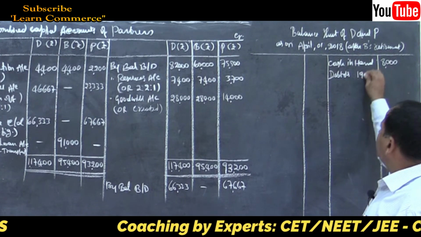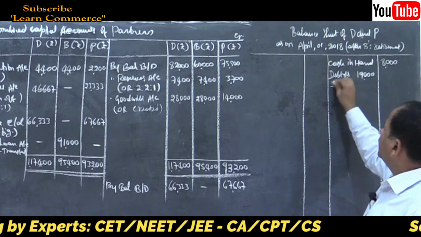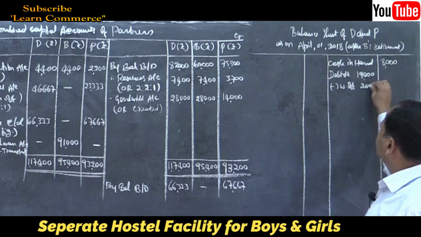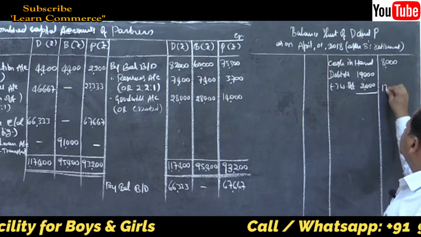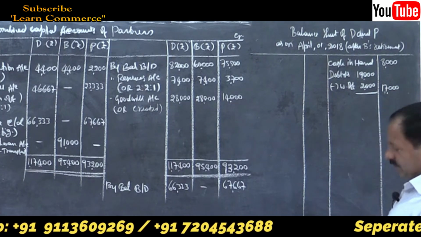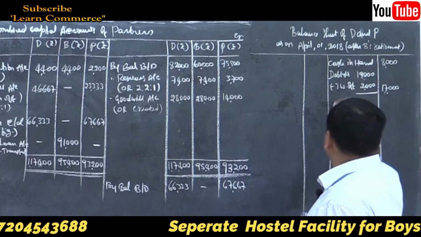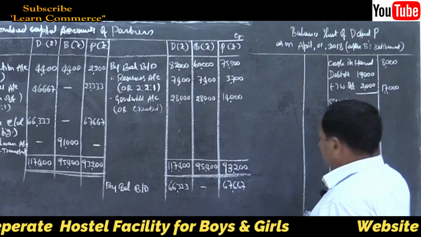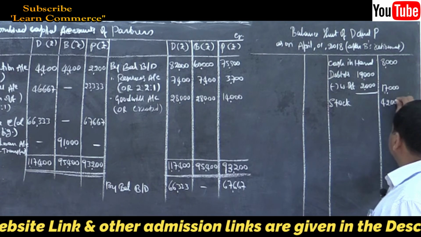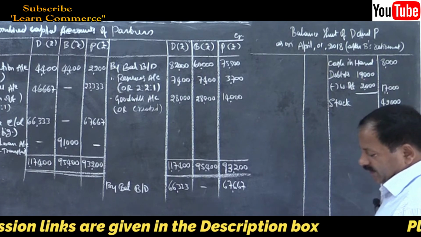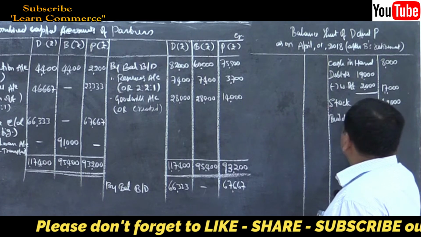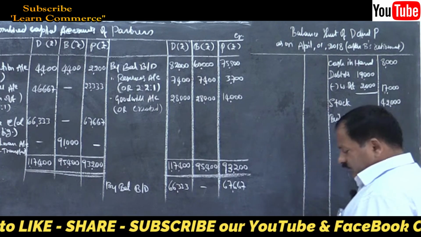So the inner column 19,000 less written off 2,000, net amount 17,000. Then stock 42,000. Buildings 2,07,000.